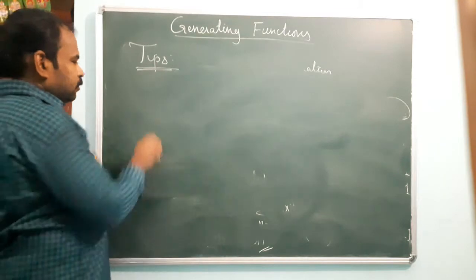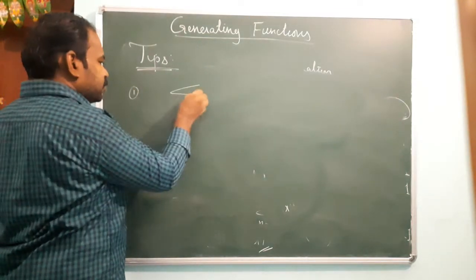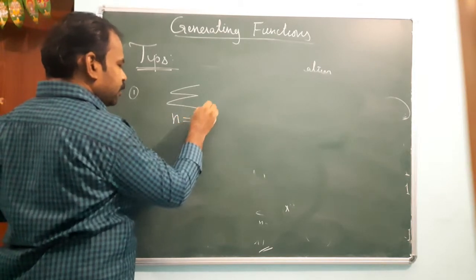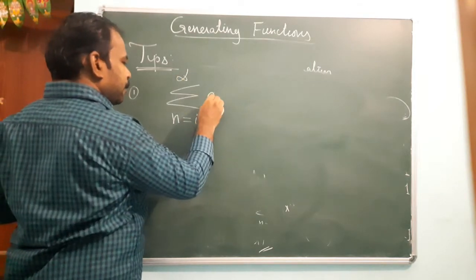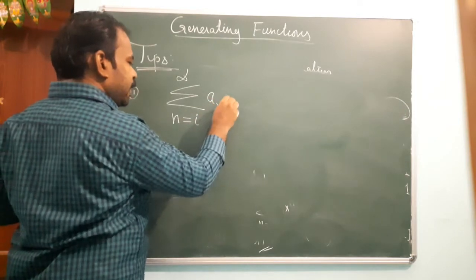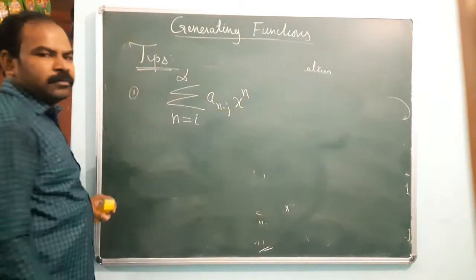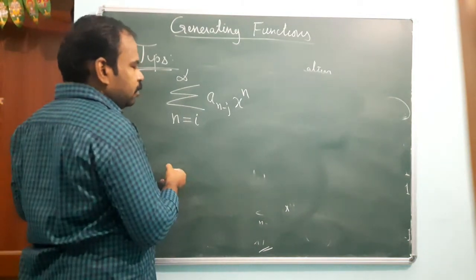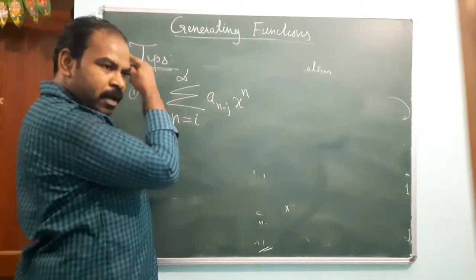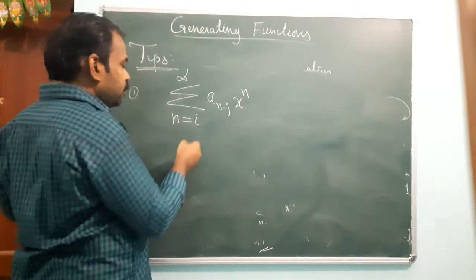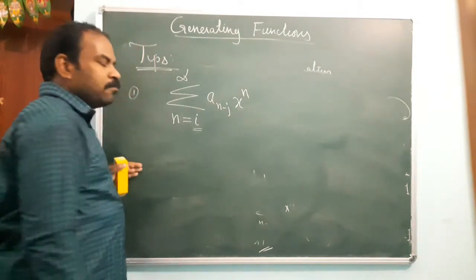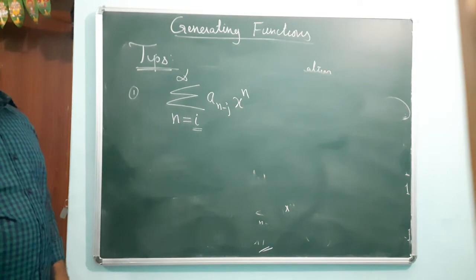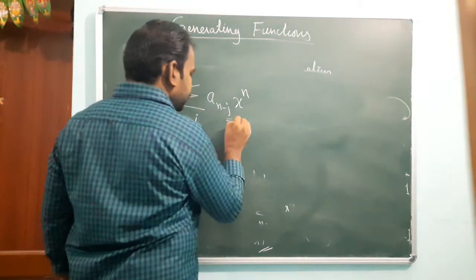The first tip. Sometimes we have summation n equal to i to infinity a n minus j x power n. When we apply the summation symbol to solve a recurrence relation using generative function, maybe some other letters other than 0, maybe 1, 2, 3 may come here.